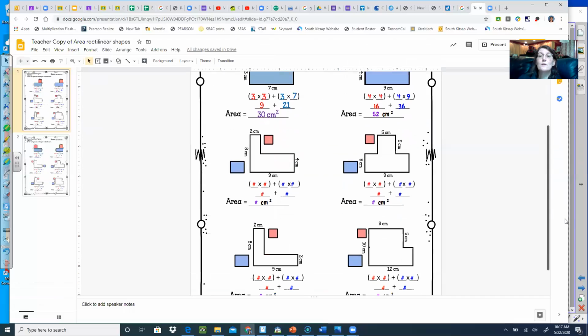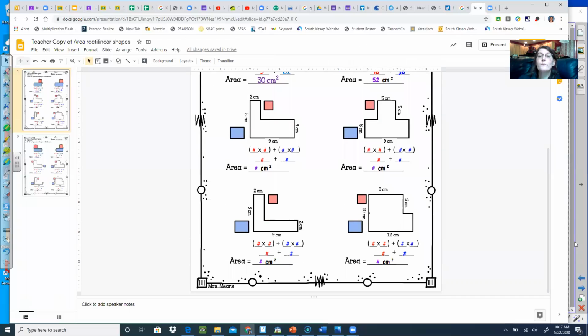So let's go down and look and see our other ones. How about this guy? He looks a little tricky because he's not labeled on the short side like this guy. This guy's labeled on the short side. It's going to be a little bit easier. So let's do this harder one.